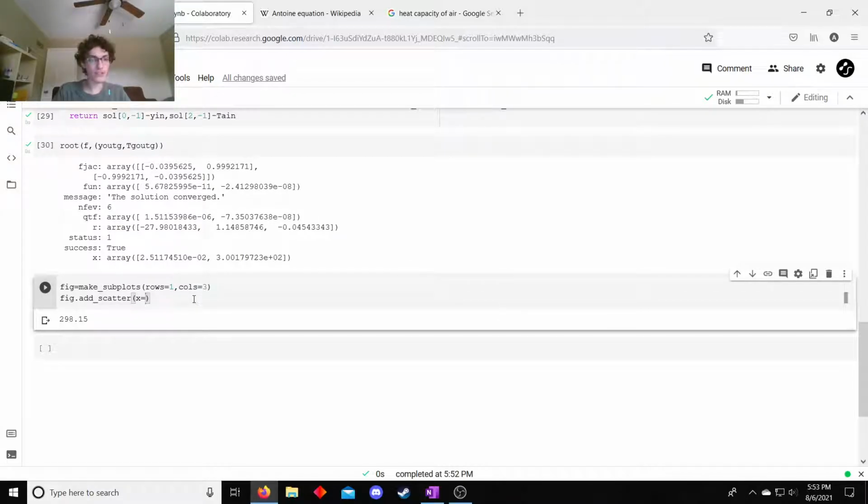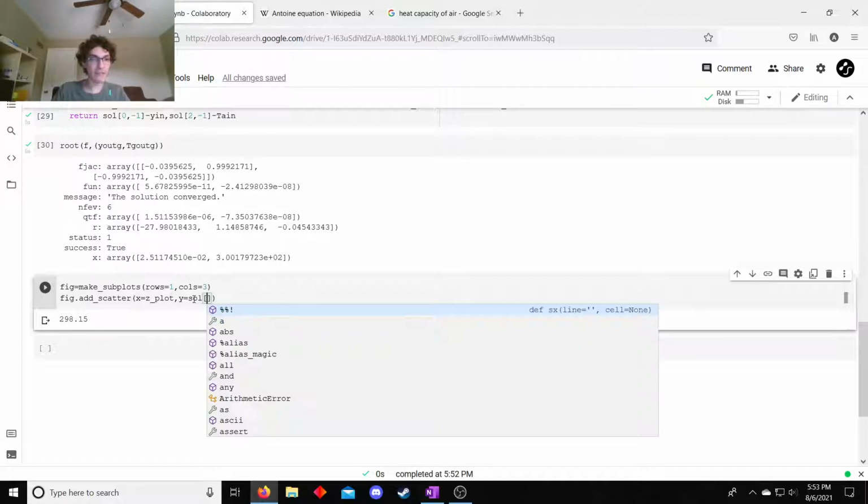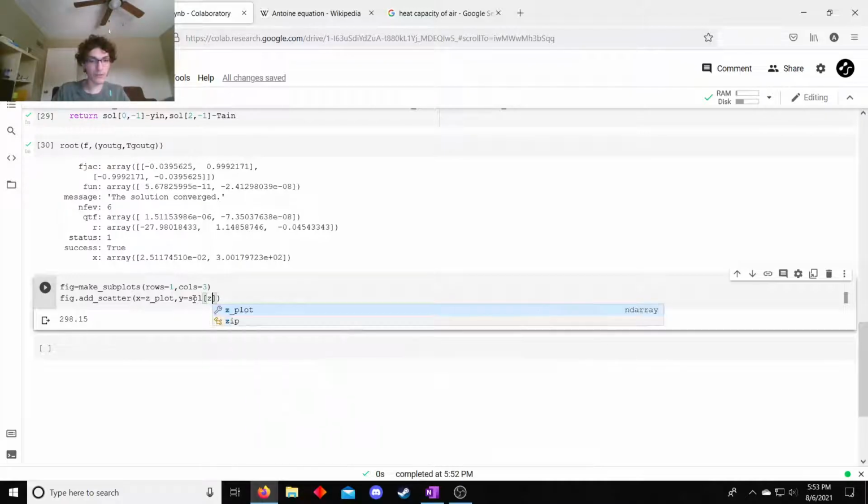Our x is going to be equal to our z plot, so we'll take 20 x values for each value on our z plot. Now our y is going to need to equal our SOL value at every z plot value, from our SOL.